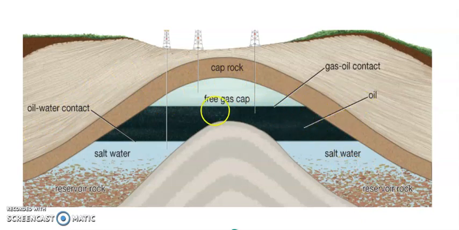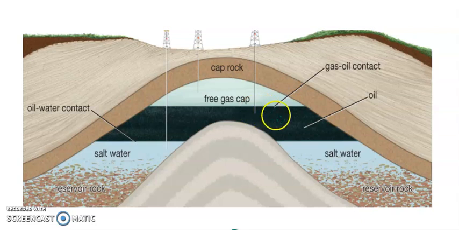The black area is the petroleum, and above it is the area where the natural gases are present. These petroleum products are obtained from the seabed where it is dug deep, and they are collected. After they are collected, they are sent to the refineries.